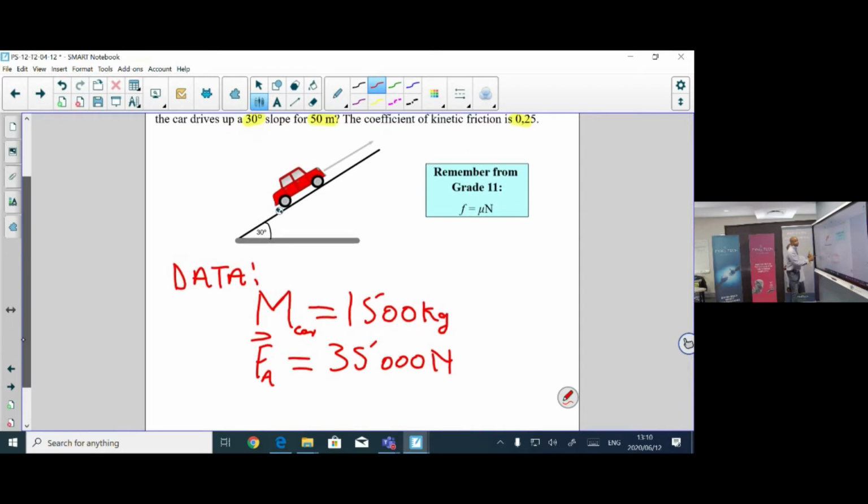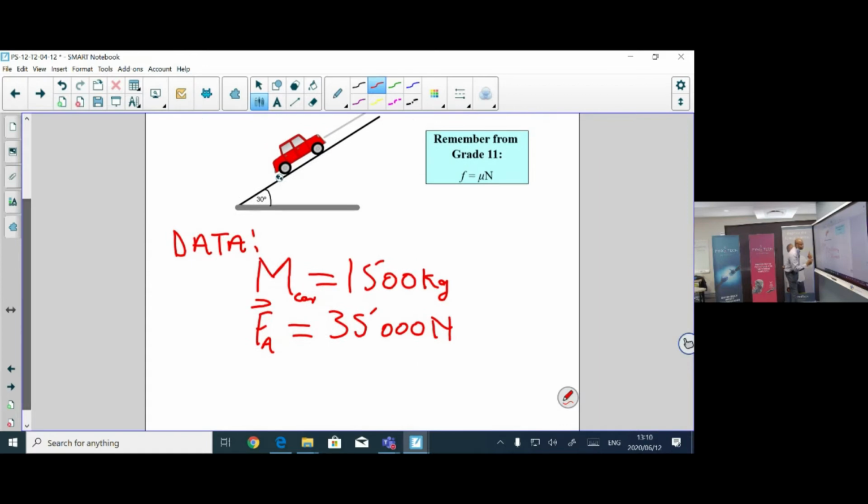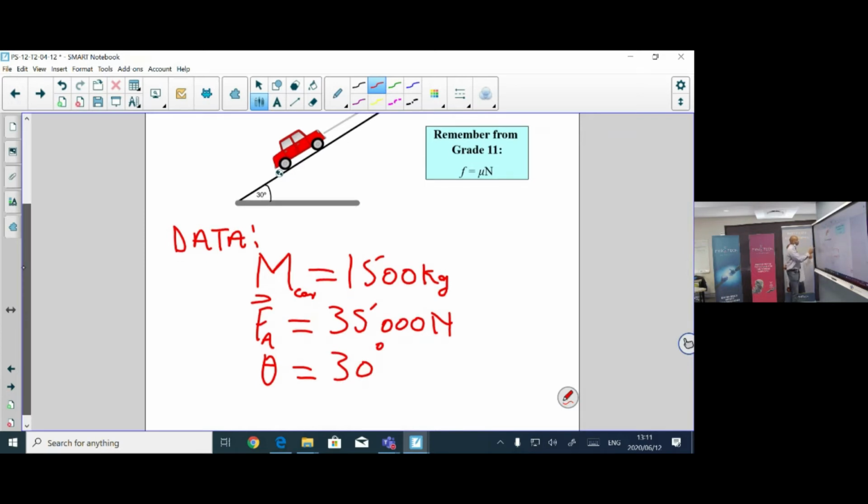And what else? We have been given theta. Theta is equal to 30 degrees. And what else?